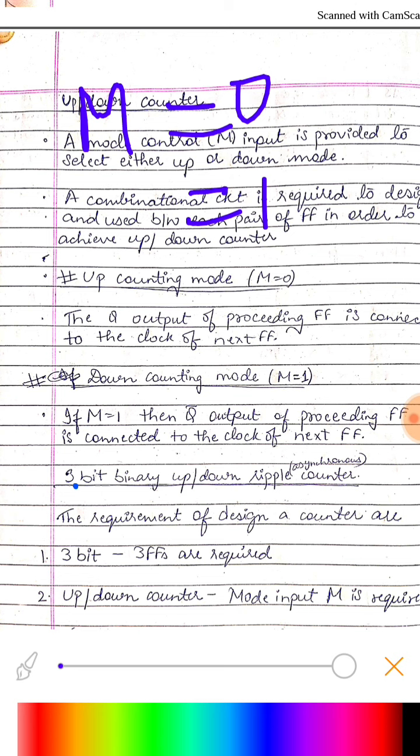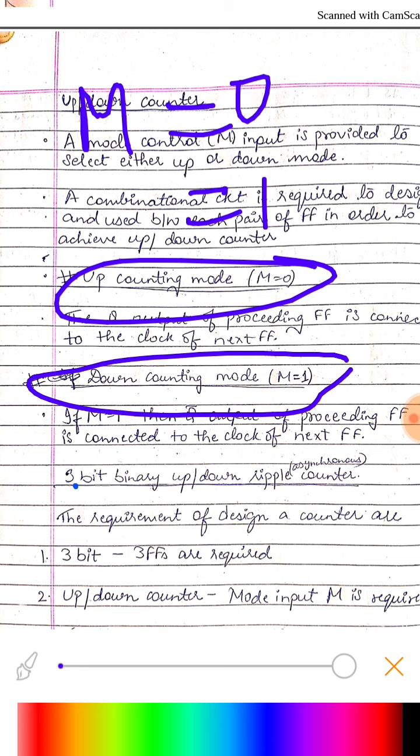If we need to count from 0 to further counts, that is up mode, we will use M equal to 0, and if we want to use the down counting mode, we will use M equal to 1.